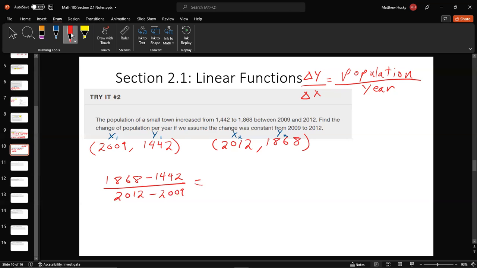That happens to be 426. 2012 minus 2009 is 3. 426 divided by 3 is 142. So the rate of change is 142 people per year.